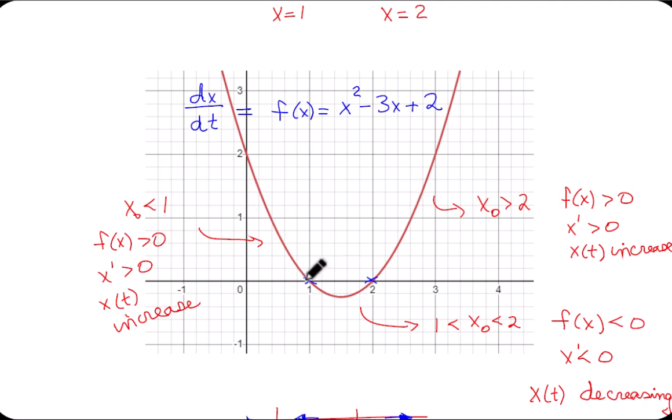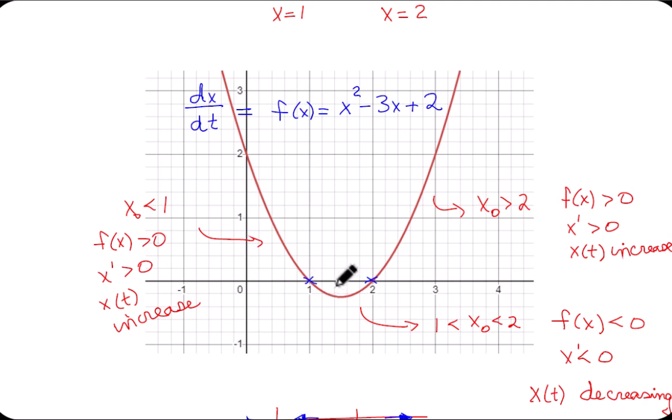If I start off under 1, well, in that case, the function is again still positive, derivative is positive. So my solution will be increasing. Increasing not forever, but would increase up to 1.